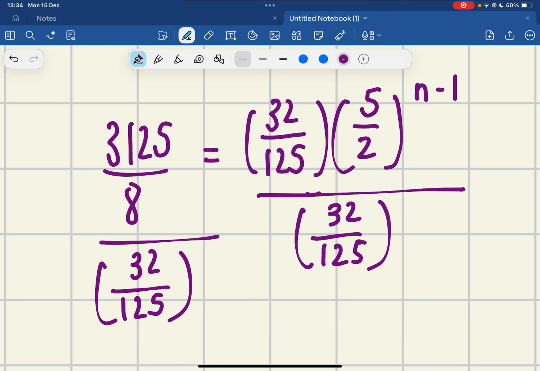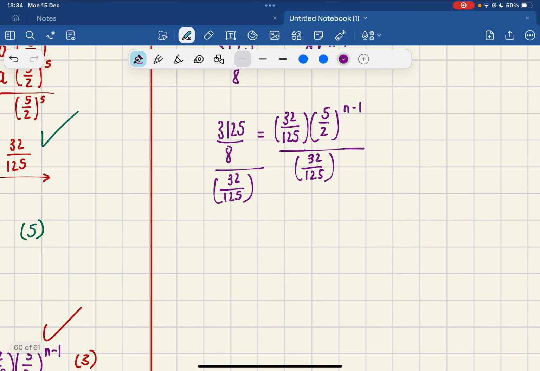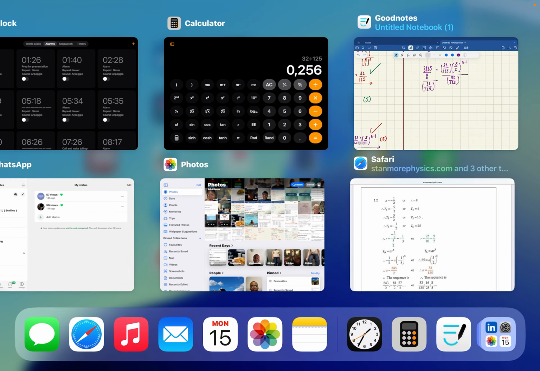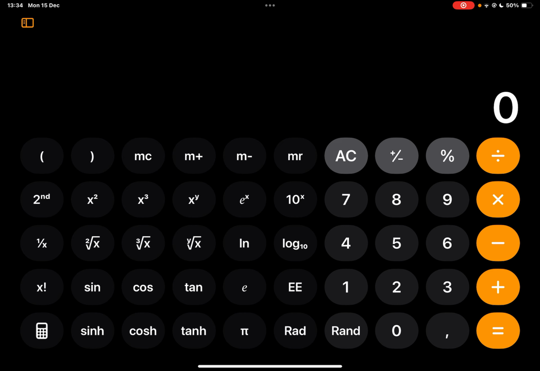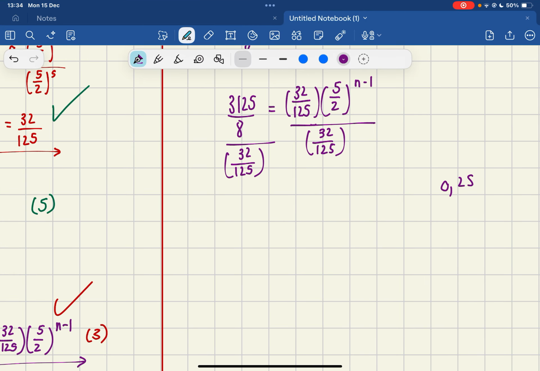I so wish, boys and girls, I had my calculator with me. In that case, you would have this whole fraction. 1 second. Let me just quickly do this. 32 divided by 125 is 0,256. Just bear with me, grade 12s.